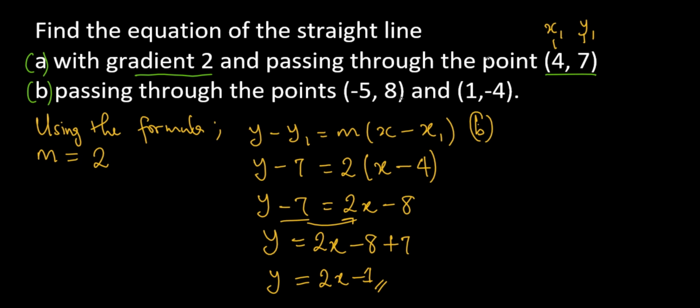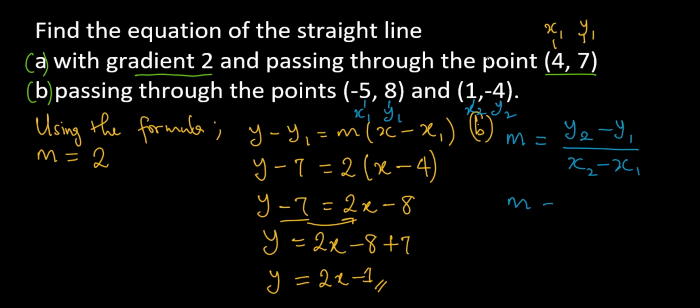We'll get the gradient, and then from there we'll use the formula to get the equation. Who agrees with me that minus 5 is x1? We can say that 8 is y1, and 1 is x2, minus 4 is y2, from the 2 points we are given there.